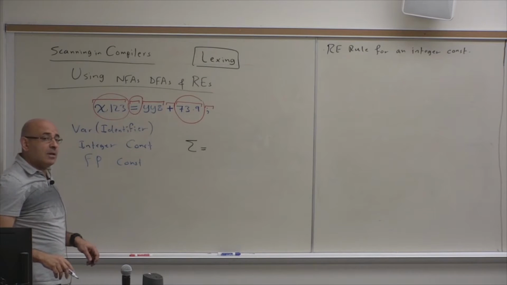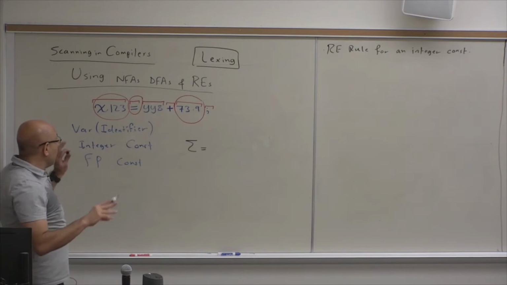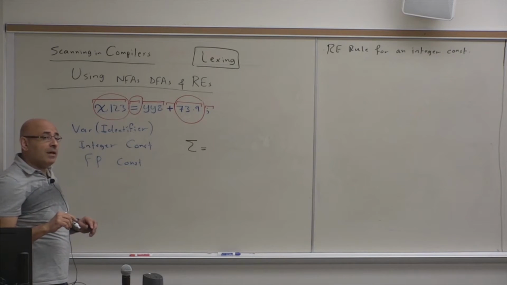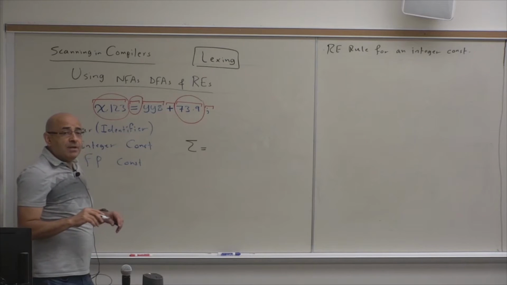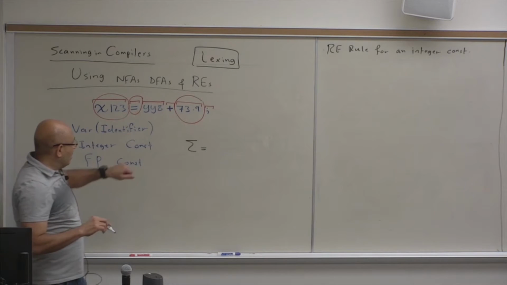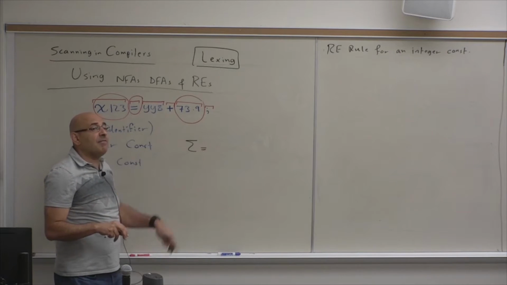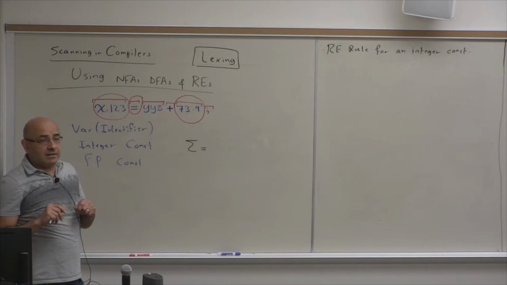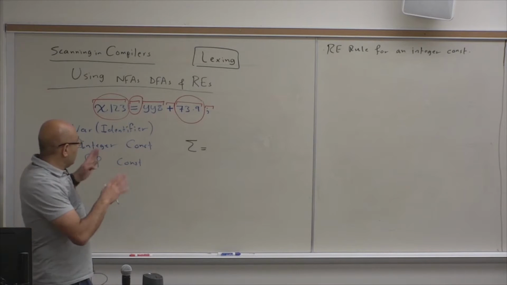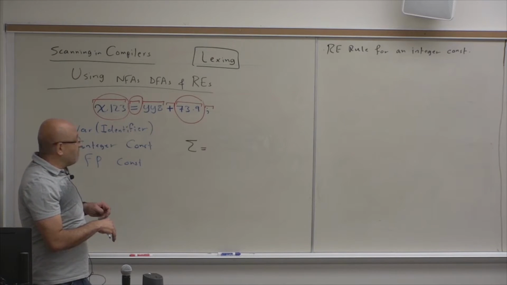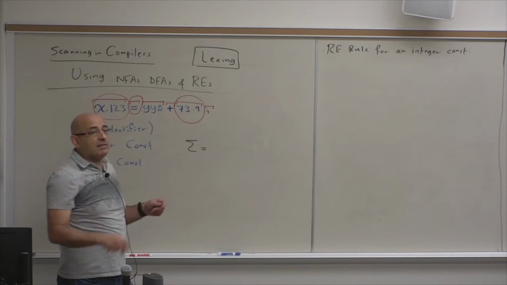Is it going to be 0, 1? It's going to have all the characters that can appear in a valid program. So the alphabet for a given programming language is going to have every single character that is a valid character in a string in that language.